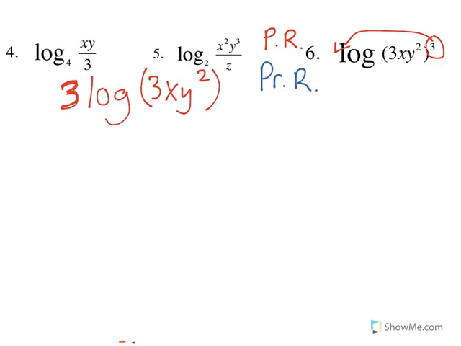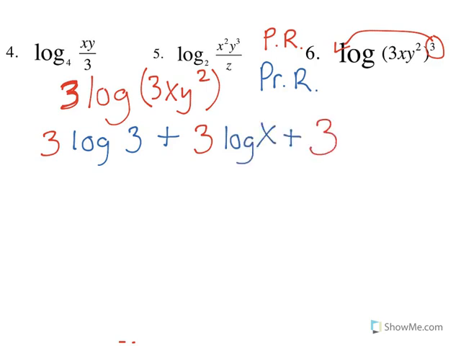So when we expand this further, it's going to be 3 log base 10 of 3 plus, you got to hold on to it again, 3 log base 10 of x plus, keep the 3 again because it applies to every term in that logarithm, 3 log base 10 of y squared.